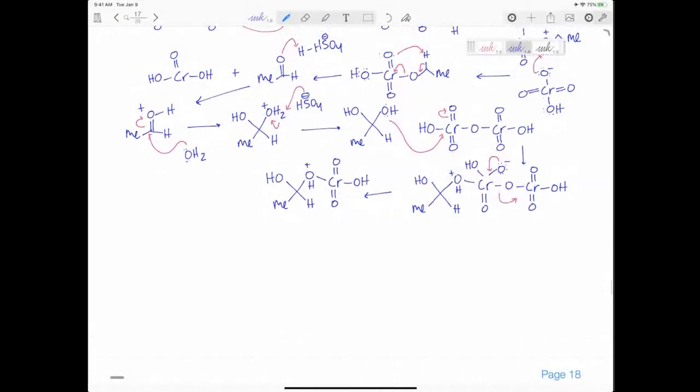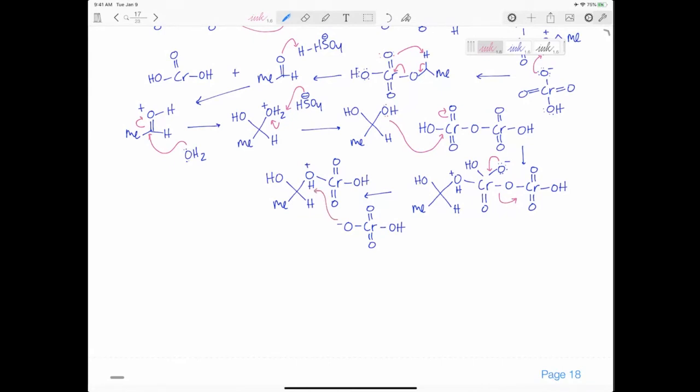Okay. No prizes for guessing what happens next, because you should know that the leaving group has a negative charge right here, right? So it's going to come back and attack this proton.